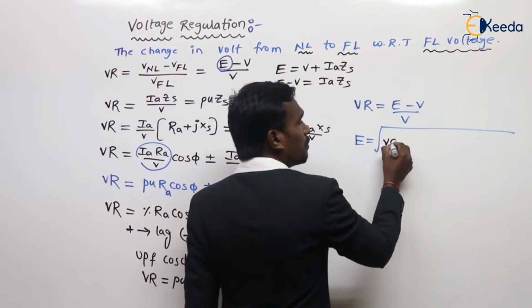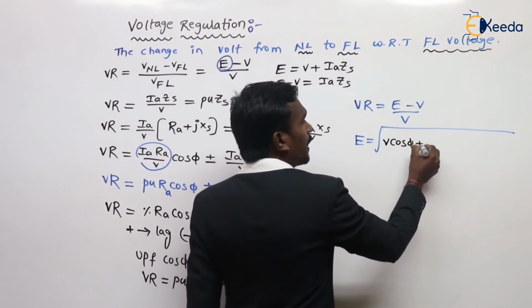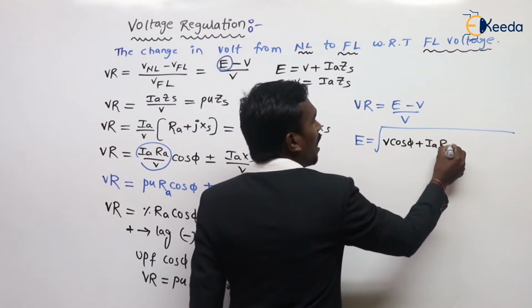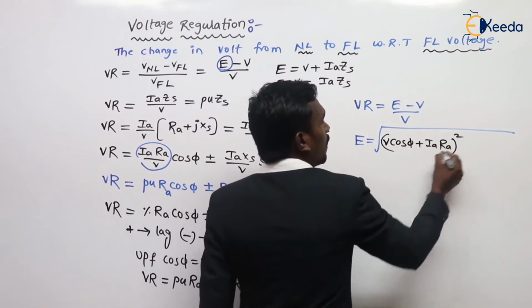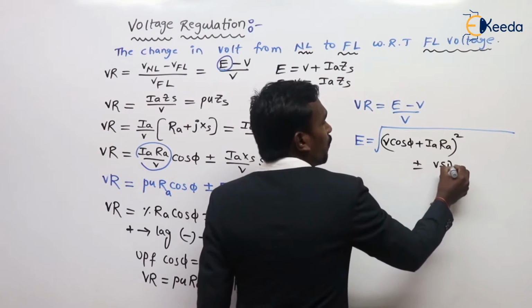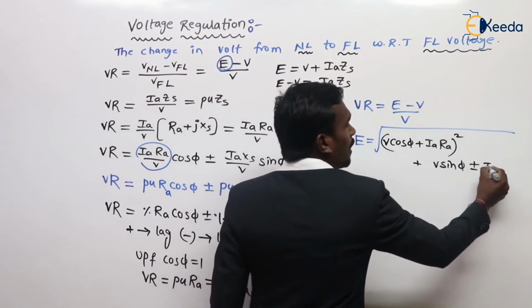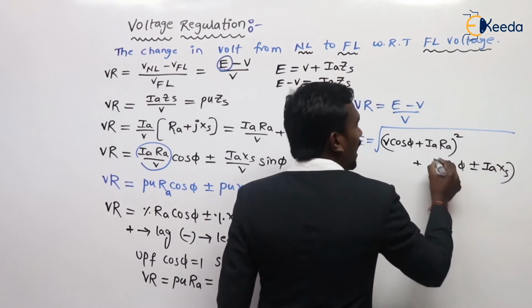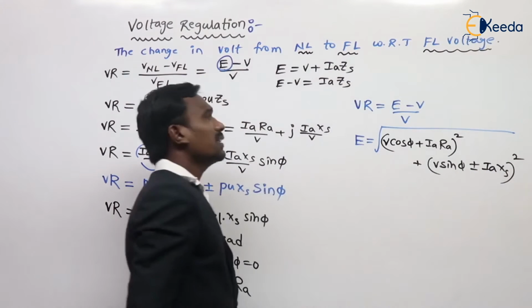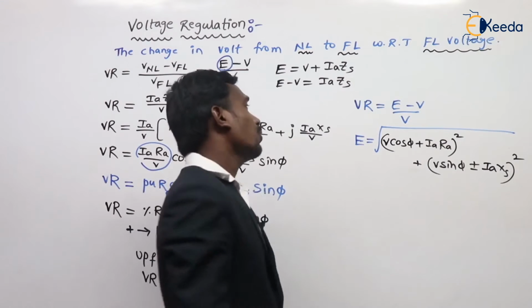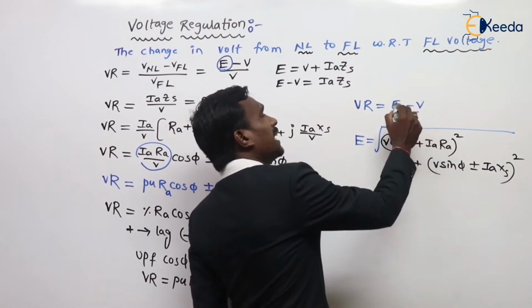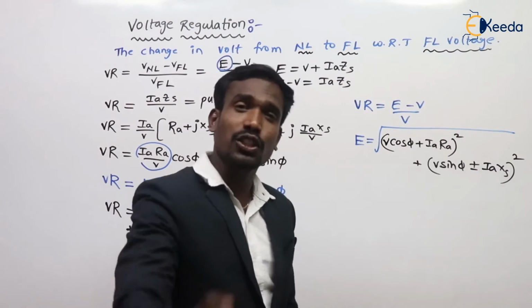E is equal to the square root of (V cos phi plus IARA) whole square plus (V sin phi plus or minus IAXS) whole square. This is our E value. You have to find E, then you have to find the voltage regulation. Remember this.